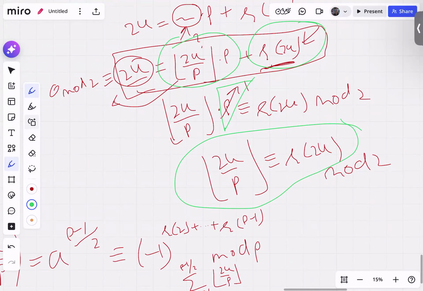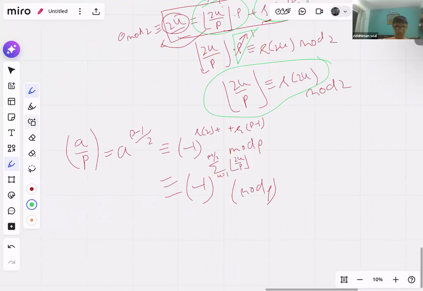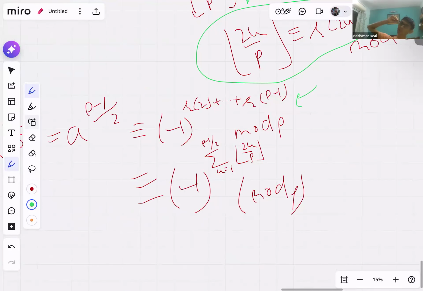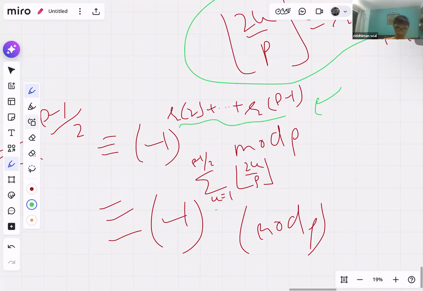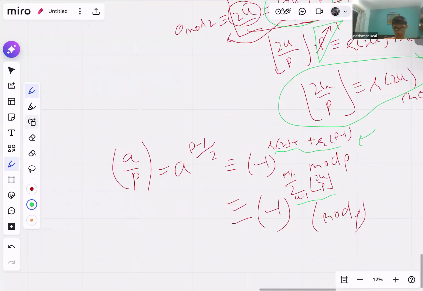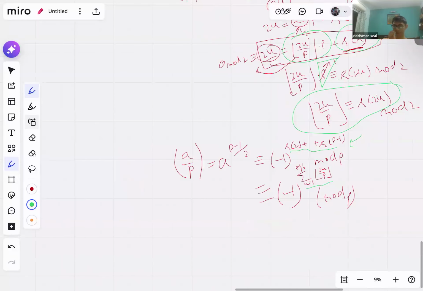Okay, and then finally we just put it in because we are taking the exponent in the power of minus 1, so we only care mod 2. So this thing is the same as this thing mod 2, so this summation still holds. And that is what we wanted to prove, right? That was the lemma in the beginning.